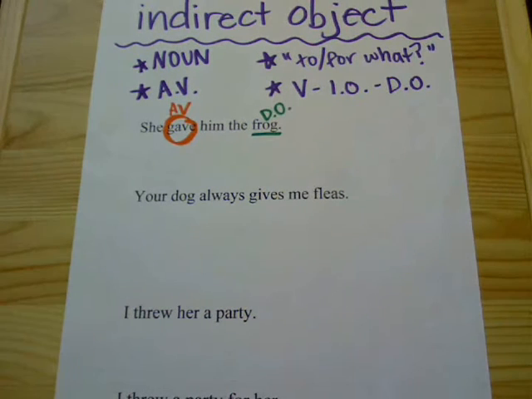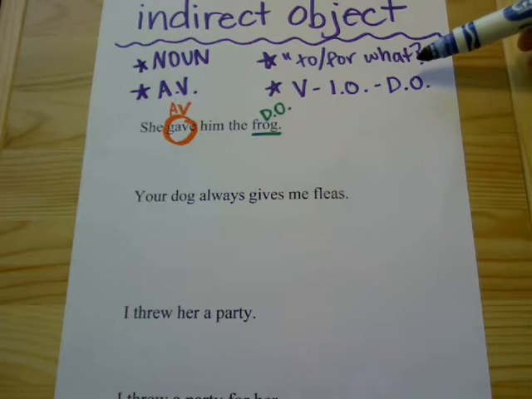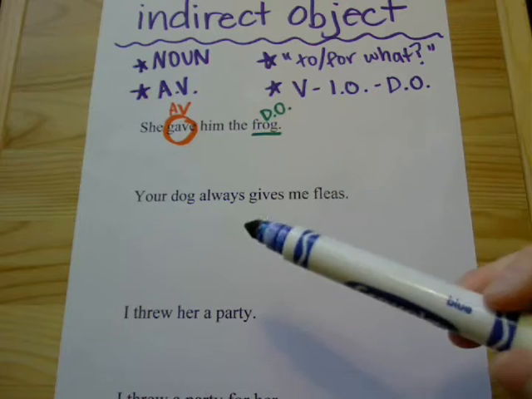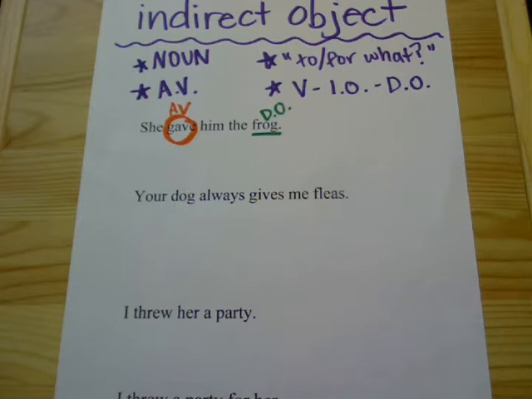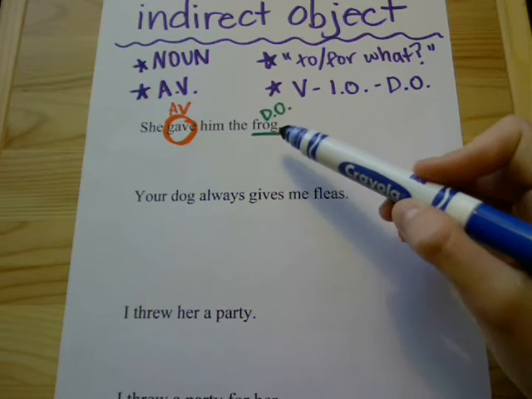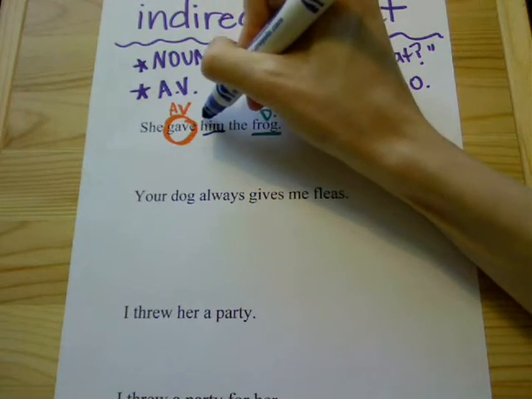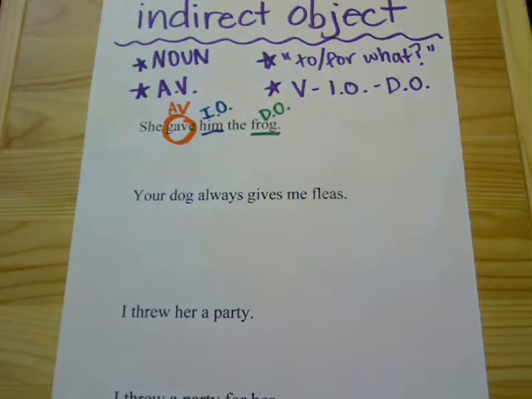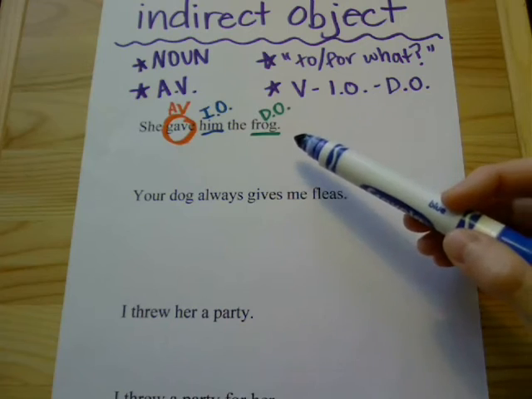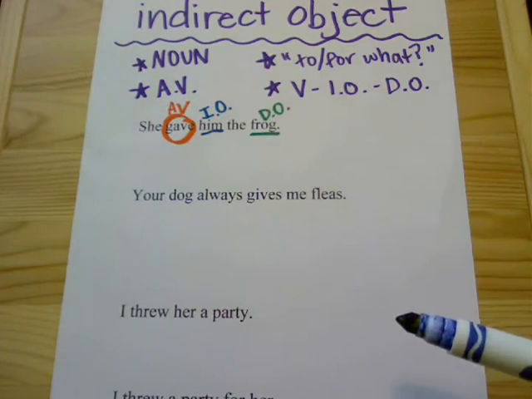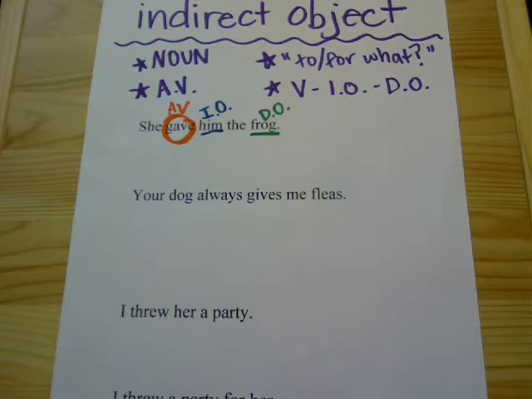Now for our indirect object question, to or for what: she gave the frog to what? She gave the frog to him. So him is our indirect object. Again, she gave what? The frog, direct object, to what? Him, the indirect object.